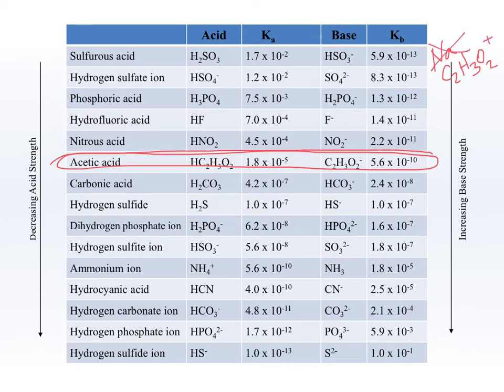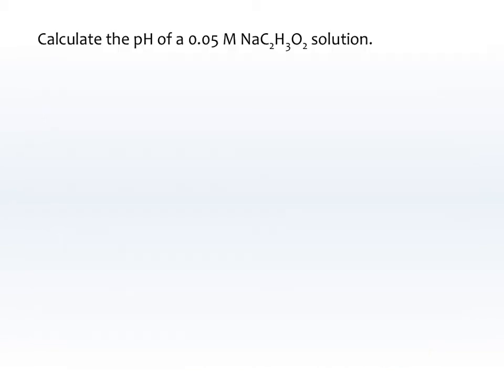I'm only looking for the C2H3O2 minus, which means I'm ignoring these and looking only right here, the Kb of C2H3O2 minus. Let's put that in the problem. Kb for C2H3O2 minus is 5.6 times 10 to the negative 10.